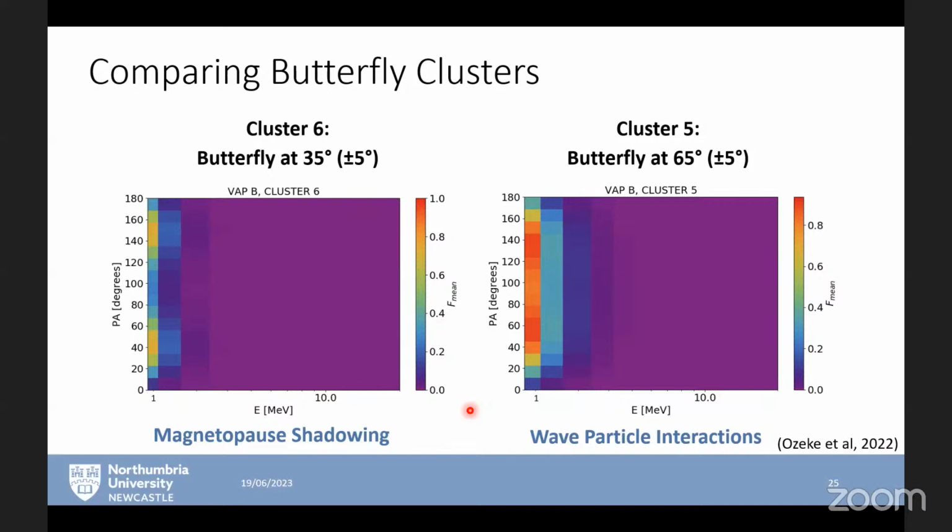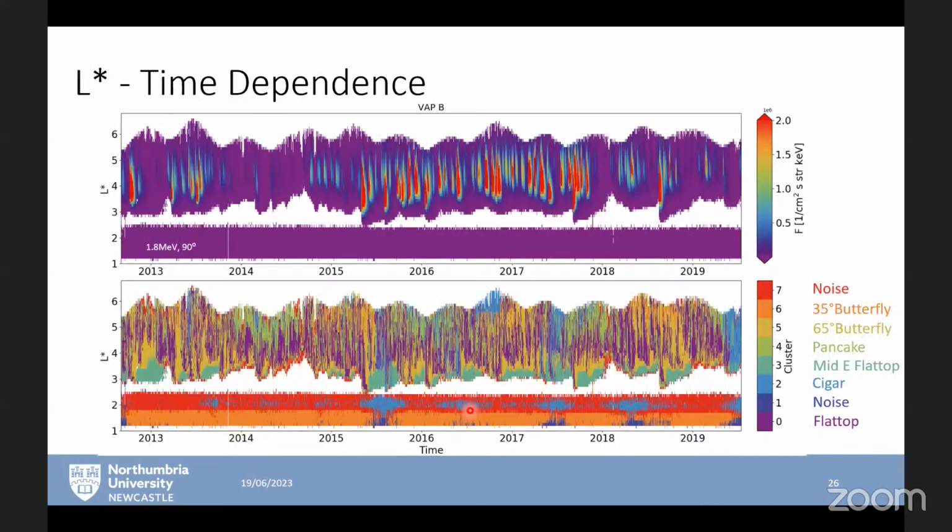So now that we know the different types of clusters and where they are, we then wanted to see how they change in time and space. And to do so, we plotted L star again on the y-axis and time on the x-axis with respect to the relativistic electron flux taken at 1.8 megaelectronvolts and 90 degrees on the top, and our cluster number on the bottom.